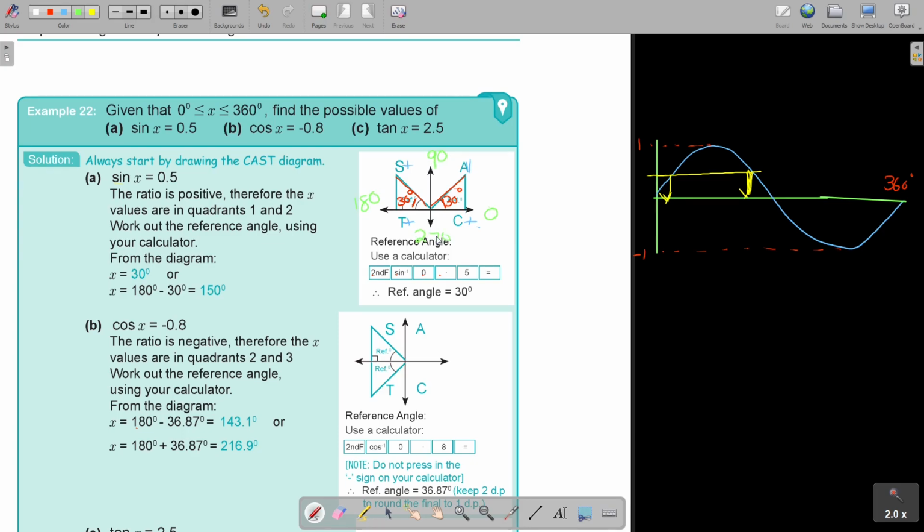So if I must find this one, that's easy, that's just 30. But if I want to find this one, it's 180 minus 30, and that's 150. So on this sketch, the one I see here was 30, and the one I see here was 150. And you can see, because there is 180, it makes sense.